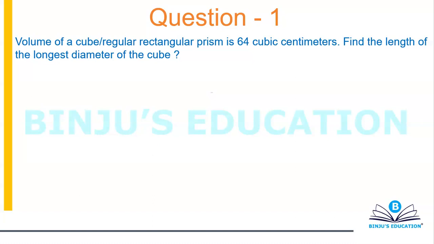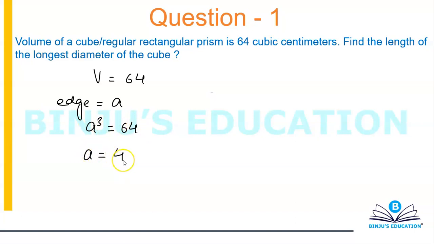Alright, let's see how we can solve this one. The volume of a cube is 64 cubic centimeters. Find the length of the longest diagonal of the cube. The volume is given as 64. If I consider the edge length to be A, then A cube is 64, which gives A equal to 4.